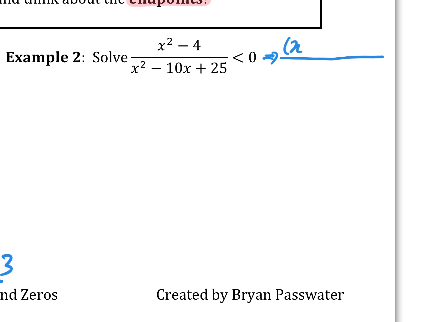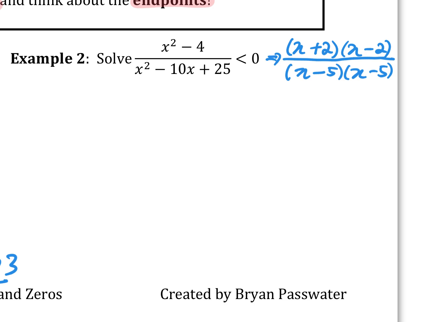Here, this is going to be x plus 2, and then x minus 2. Down below, this is 25, so x minus 5 squared, or x minus 5 times x minus 5.